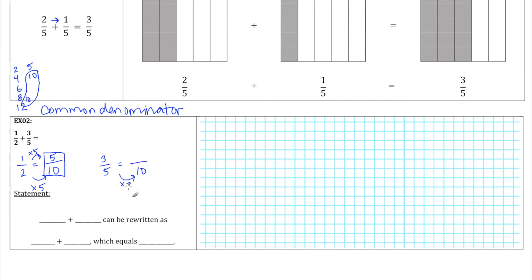So we multiply the numerator and the denominator by 2, and we get 6 tenths. So instead of writing 1/2 plus 3/5, we can write 5 tenths plus 6 tenths, which is 11 tenths.